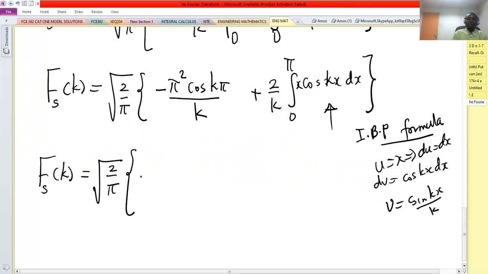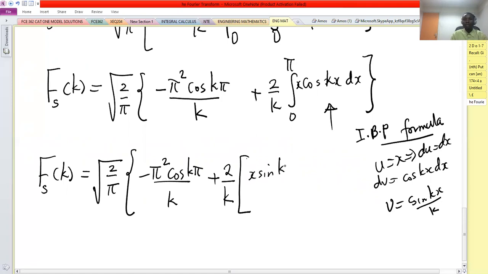So the first term is minus pi squared cosine of k pi over k, and then plus 2 over k into uv, which is x sine of kx over k, limits 0 to pi, minus the integral of v du. So v is 1 over k, integral from 0 to pi of sine kx dx. I close the bracket here.